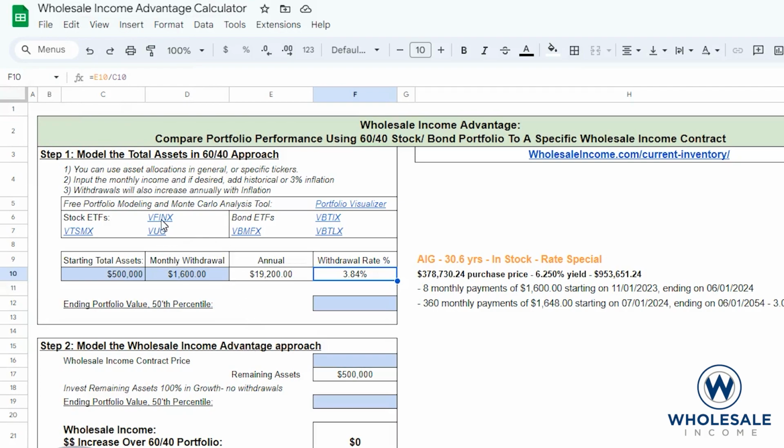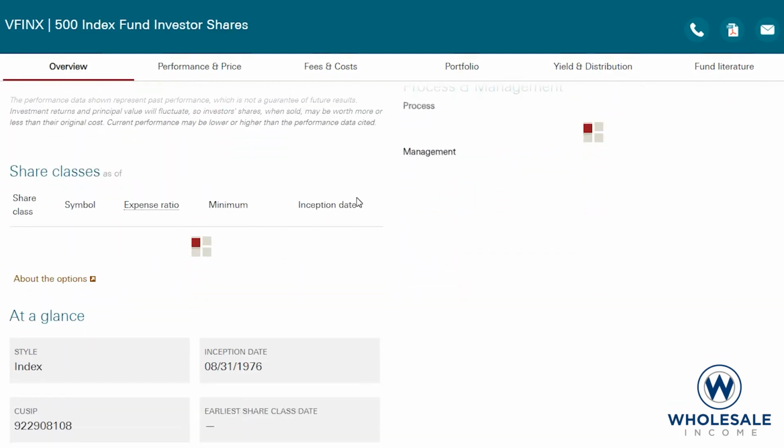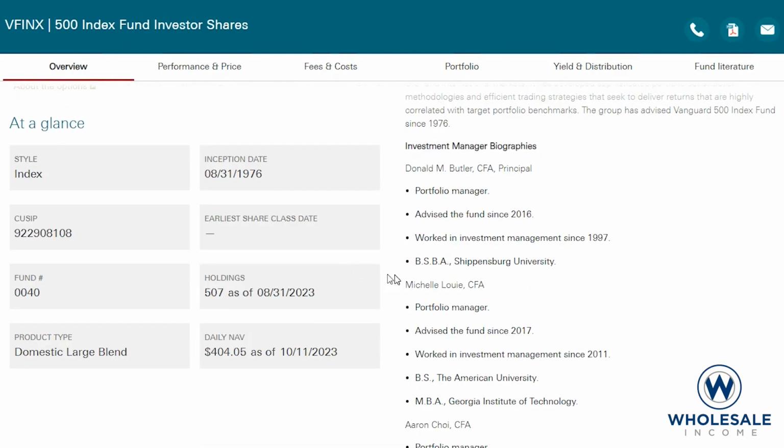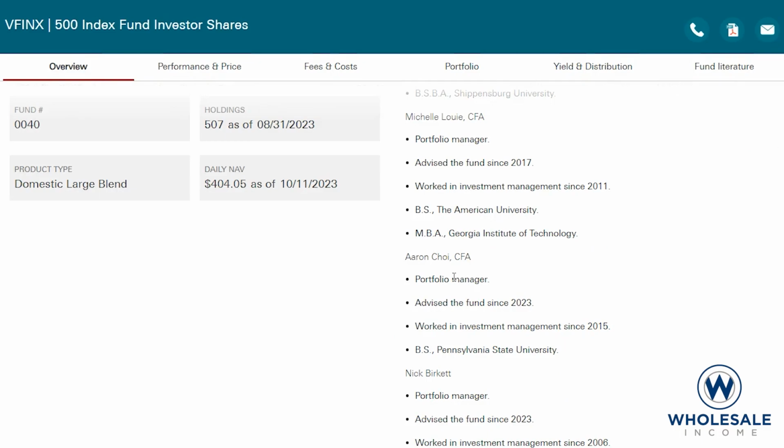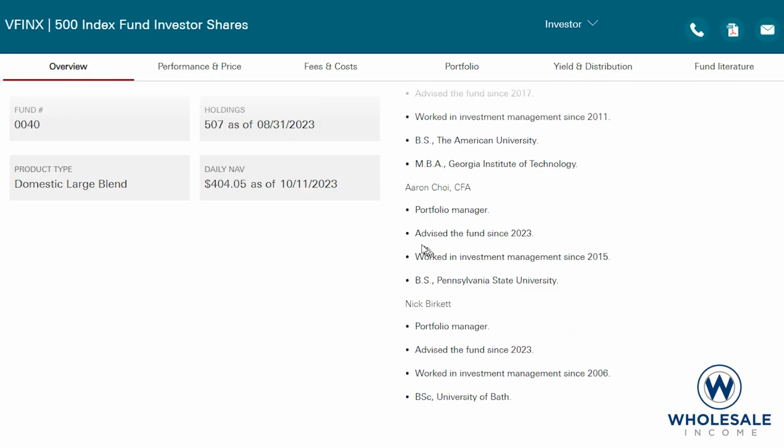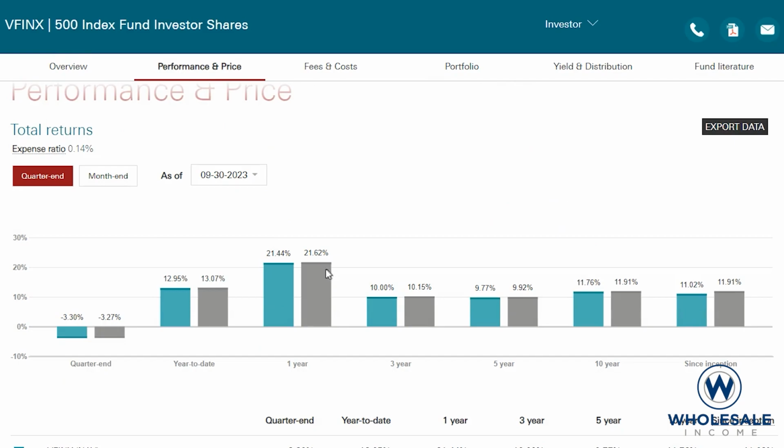You can run this tool any way you want. I'm going to use a couple of specific tickers: a Vanguard bond fund and a Vanguard stock fund, and you can see those two right here. This is VFINX. Now, I'm not a stock advisor. I'm not telling you to buy this stock at all. Let's make sure that's quite clear. This is just a proxy for the U.S. stock market, the S&P 500. Vanguard makes all this information available. There's a very low expense ratio on it here.